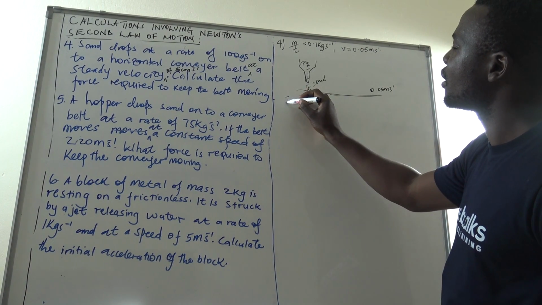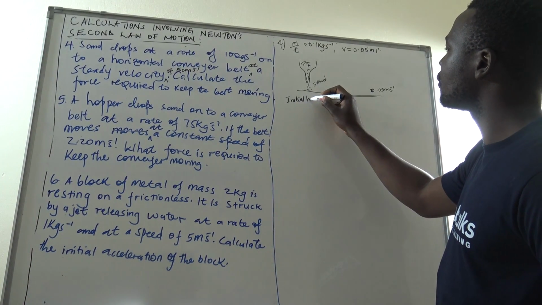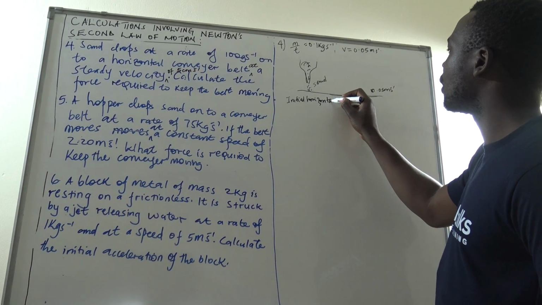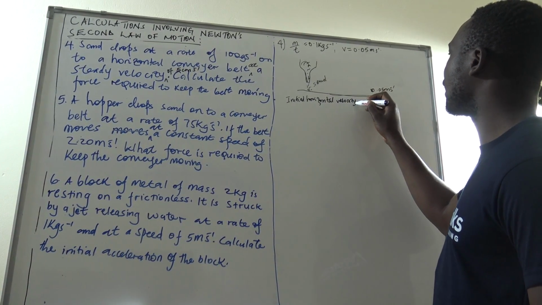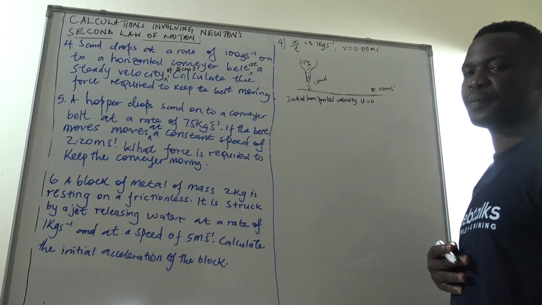We see that the initial horizontal velocity of the sand, u, is equal to 0.